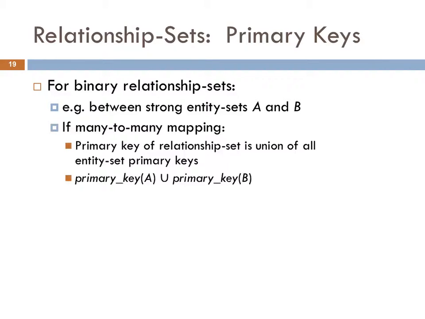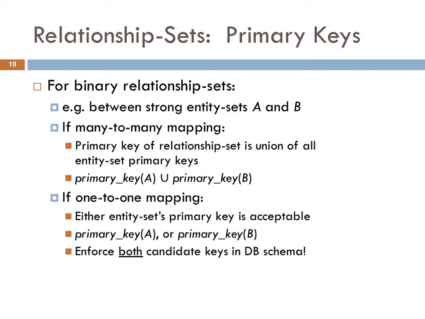I'll give you a secret: anything that's part of the many is going to be part of the relationship set's primary key. If it's many to many, all of the participating entity sets' primary key attributes are part of that one primary key. So many to many mapping, we have the union of all the entity set primary keys. Primary key of A union with primary key of B.